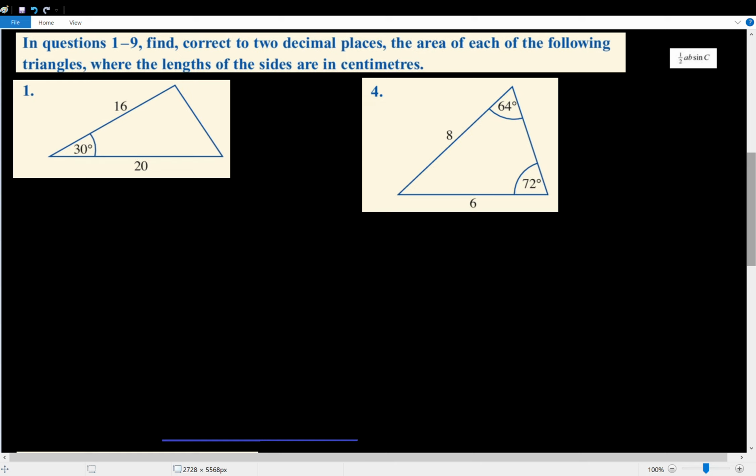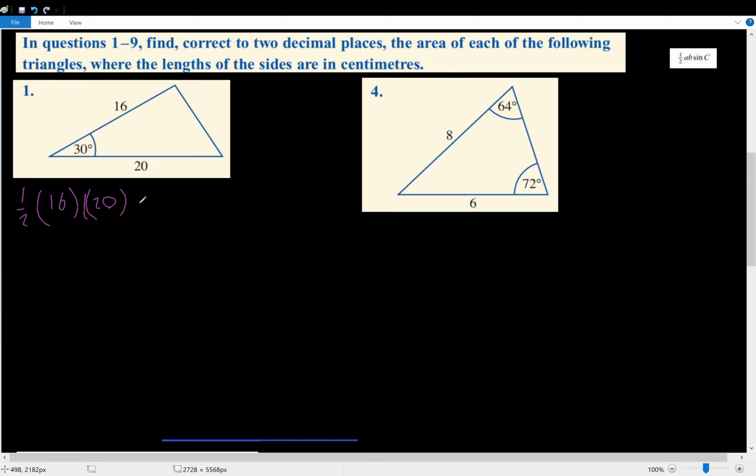So unlike where we would have done this previously in geometry, we don't have a perpendicular height. So we're going to have to use the 1/2 ab sine C formula, which you can see over here on the right. So it's going to be 1/2 times the length of these two lines, so times 16 times 20.